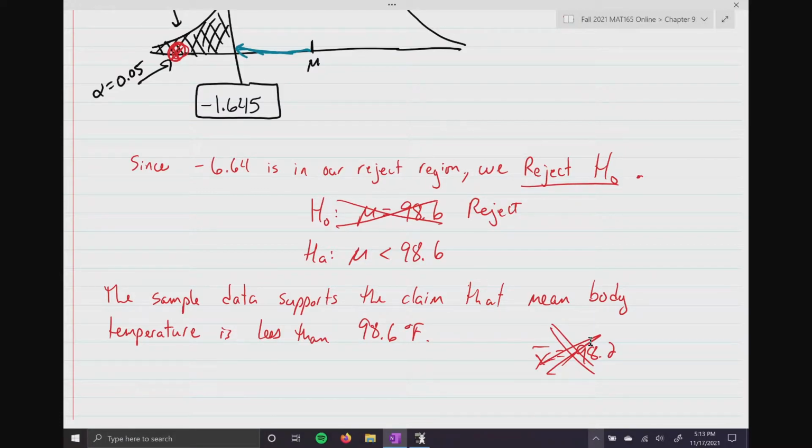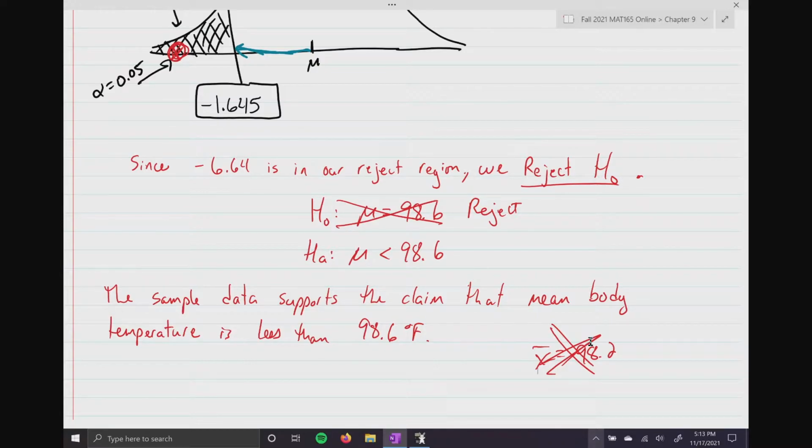Now, here's the most amazing part about what we're learning and how it all fits in. We know, according to the data we've collected, that the actual body temperature is less than 98.6, okay?